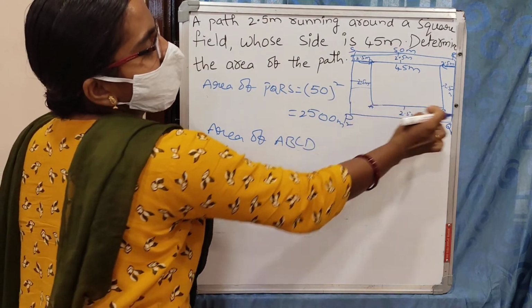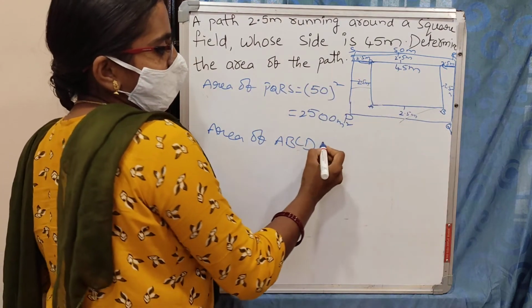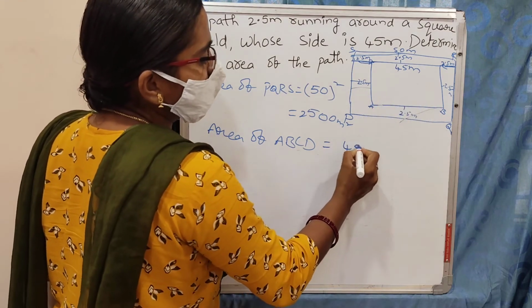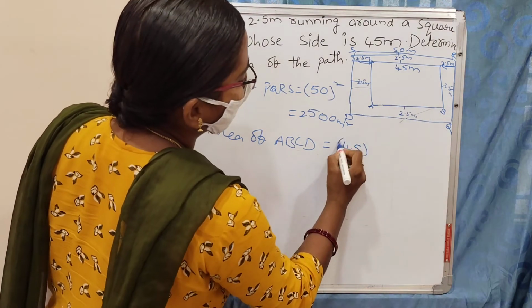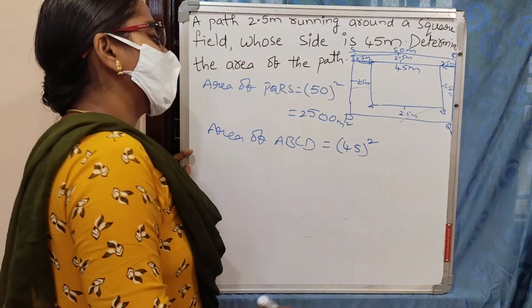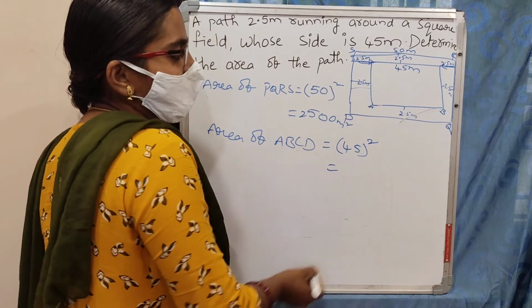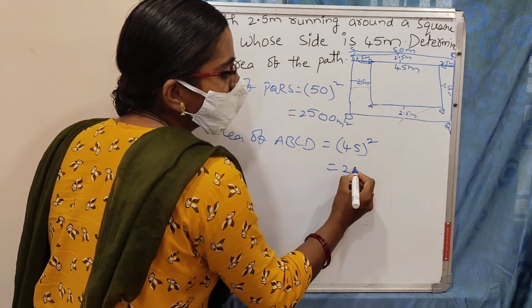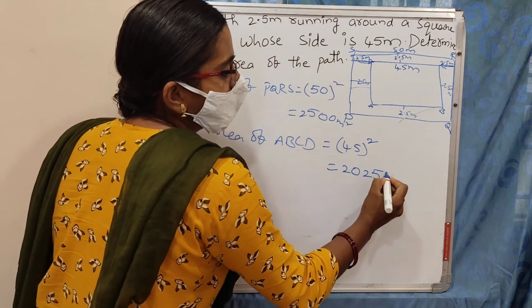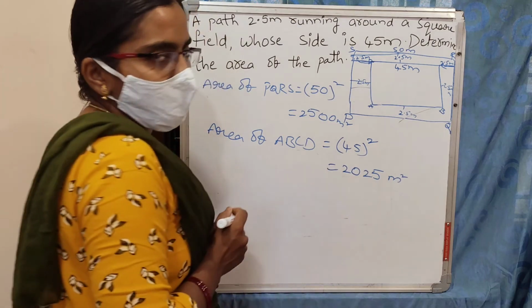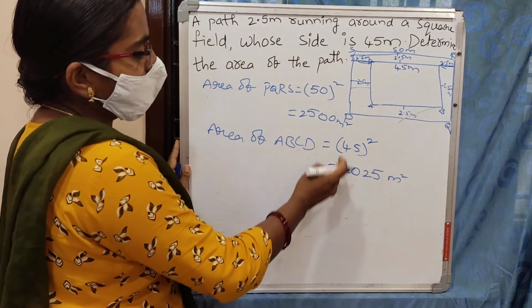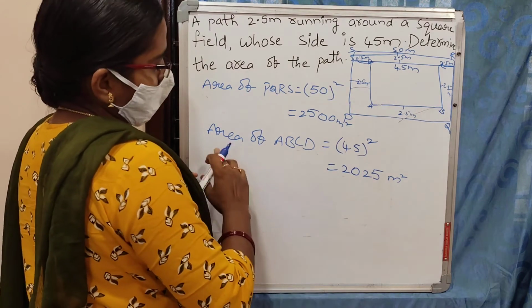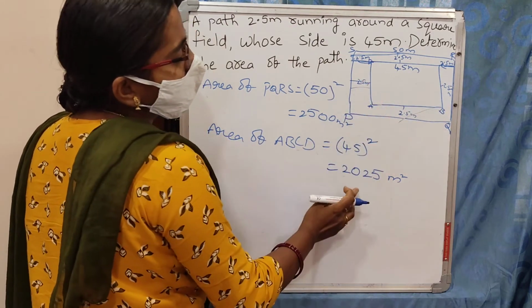The area of ABCD is equal to 45 square, as its side is 45. 45 square is 2025 meter square. So PQRS is 2500, ABCD is 2025.